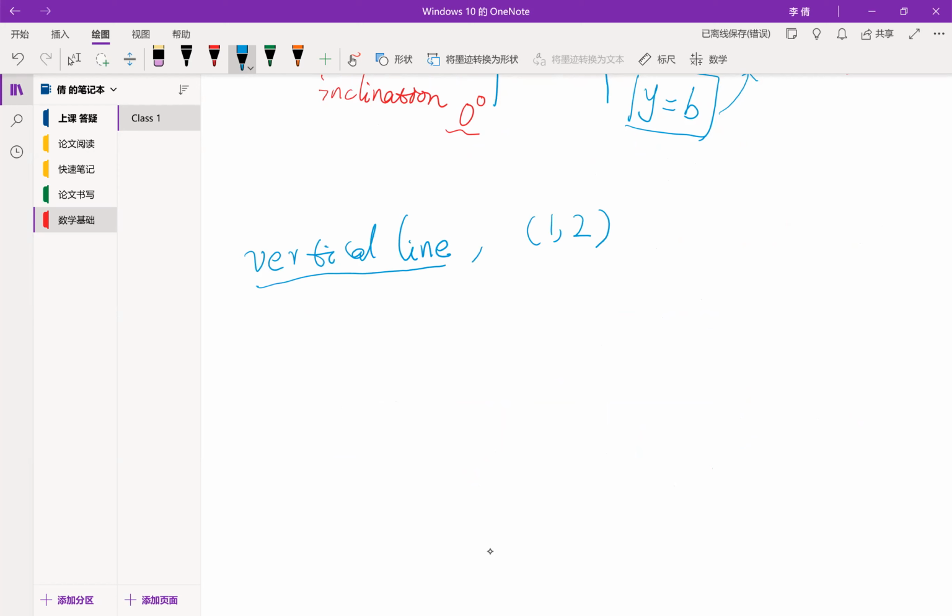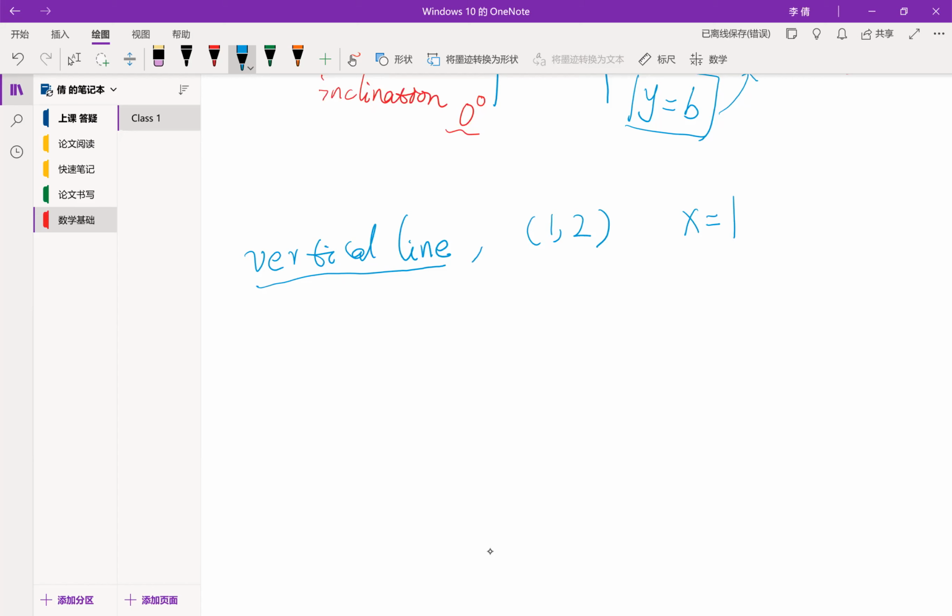What is the equation of this line? Who can tell me? Remember, this line is a vertical line, and it passes through the point (1, 2). So the equation of this line is x equal to 1. Yeah, this line will be x equal to 1.